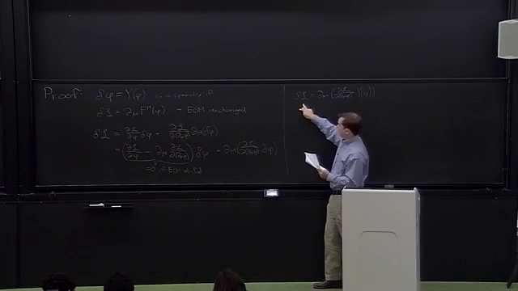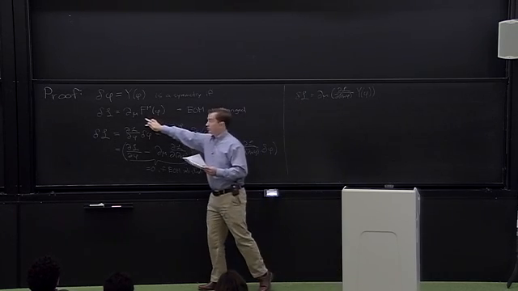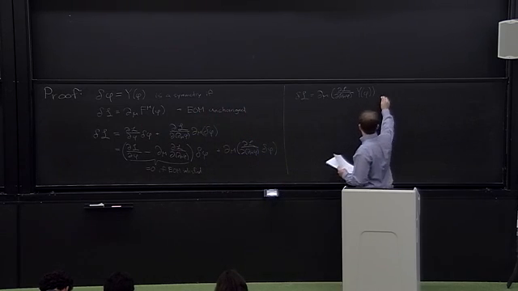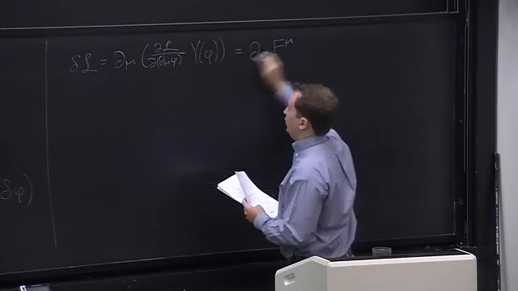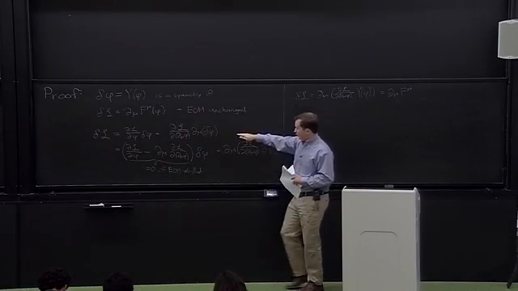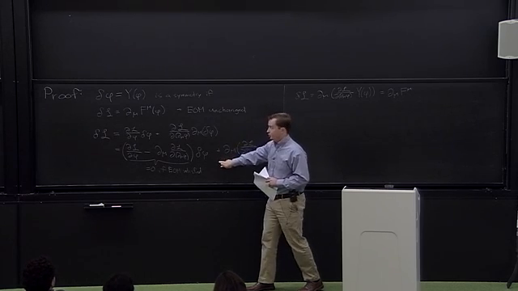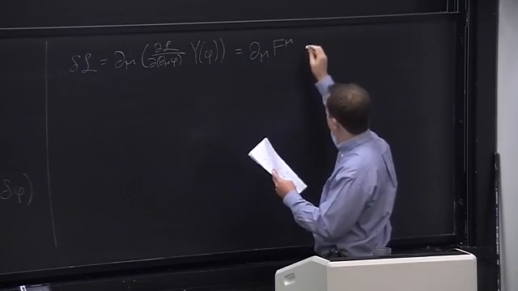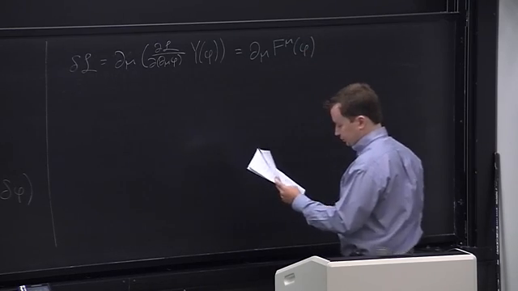And if this is a symmetry, then the variation in the Lagrangian is also equal to this total derivative of F. So we can write this two ways. We got this by just varying the Lagrangian and applying the equations of motion. And then our assumption is that this is equal to some total derivative like this.